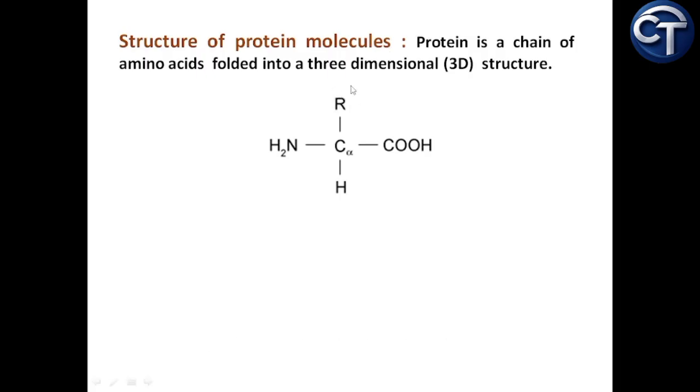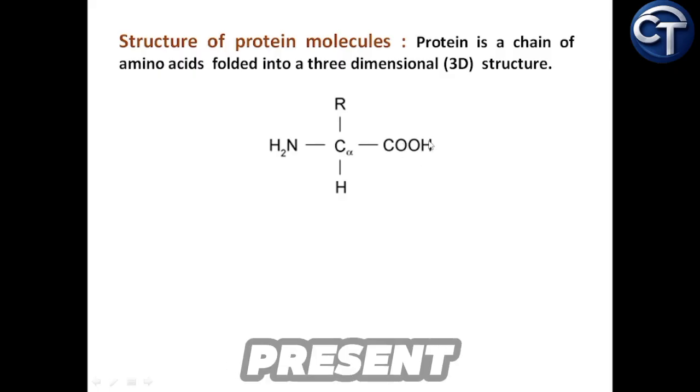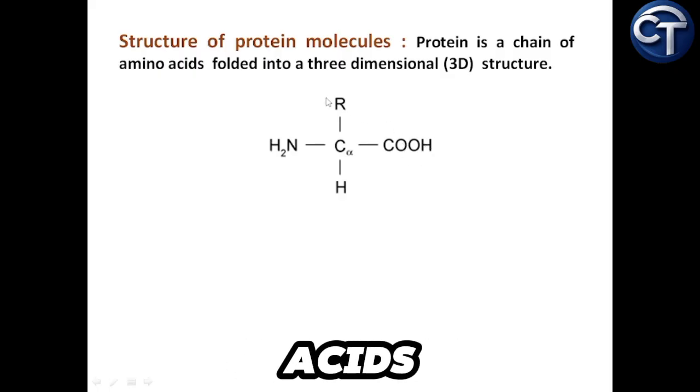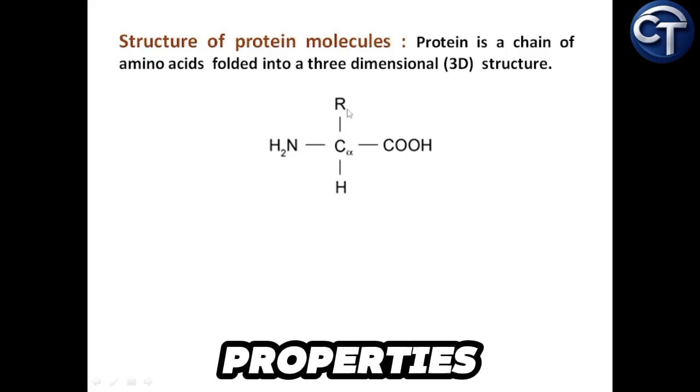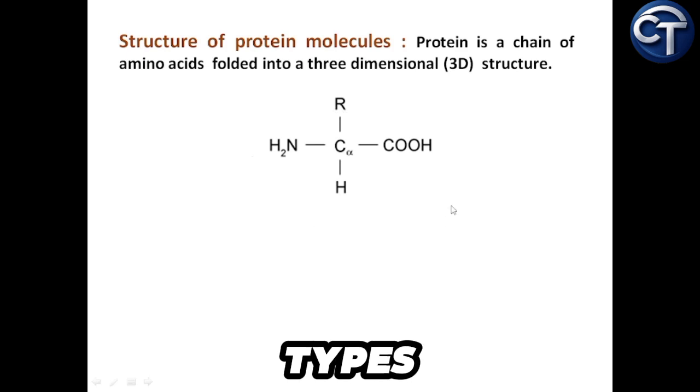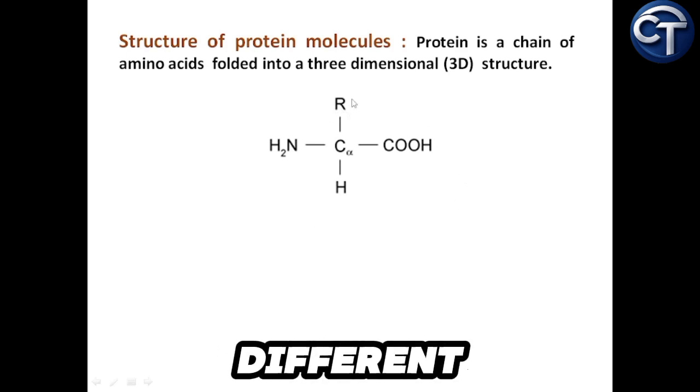Okay. This amino group and carboxyl group are always present in all amino acids, while these side chains vary in structure, giving each amino acid its unique property. There are 20 types of amino acids commonly found in protein, each with different side chains.